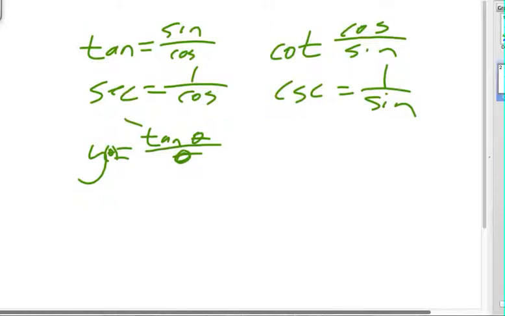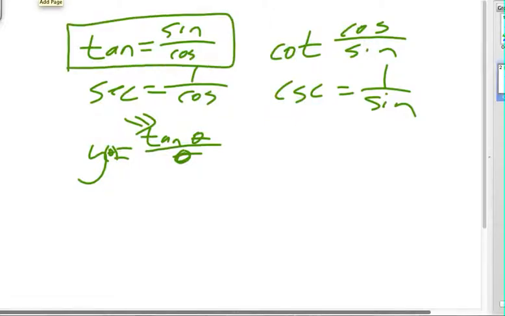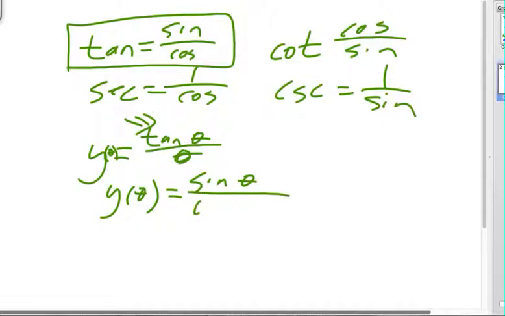Number two, I didn't tell you how to find tangent. Or did I? So y of theta is going to be sine of theta over theta times cosine of theta. And once you're at this point, you should recognize this as quotient rule, because that's exactly what it is.